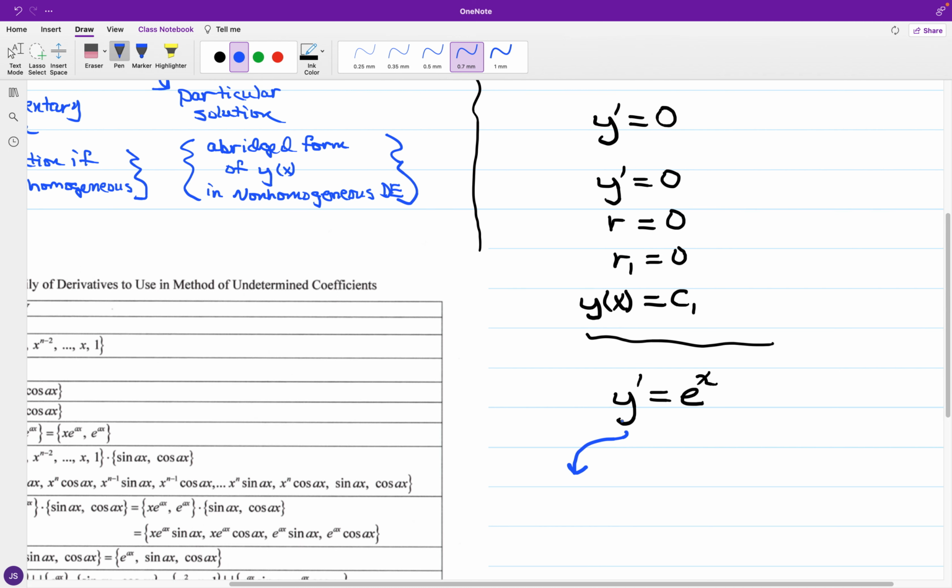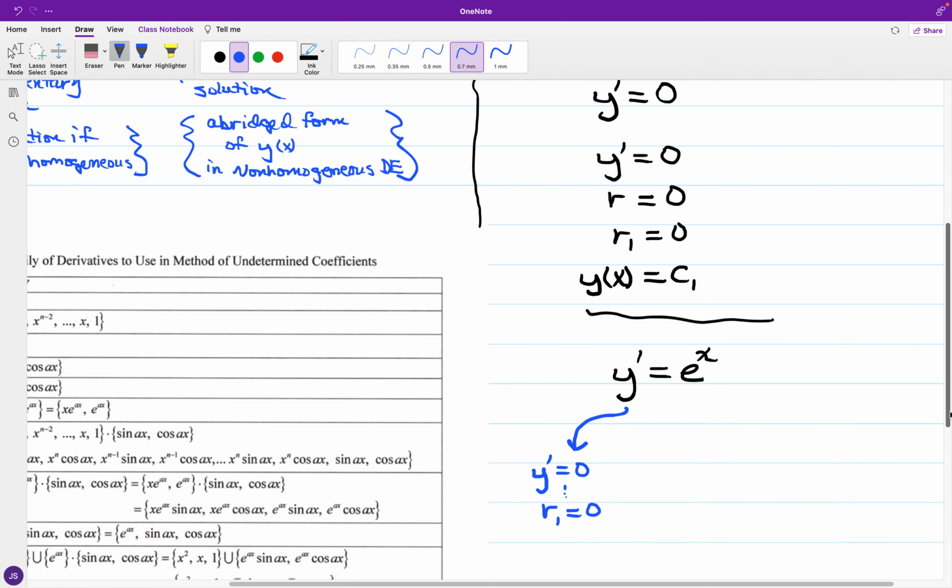You have y prime is equal to 0, and your characteristic root is solely at 0, and y of x is equal to c sub 1.